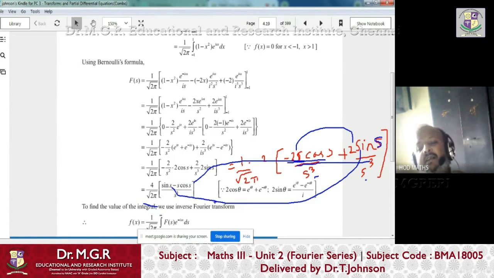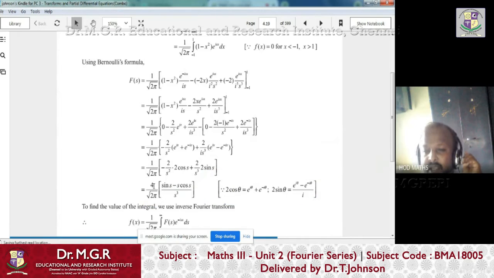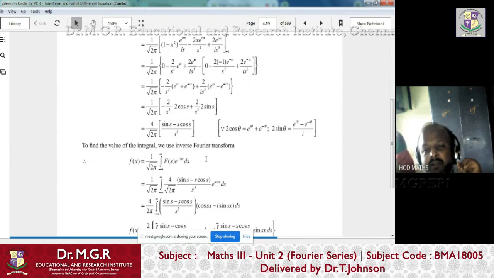So this is the final answer for Fourier transform. But anyway, you can use the same thing here also, no problem. Whatever method you can use, but whenever you use that odd even property, that is always a nice one, right?